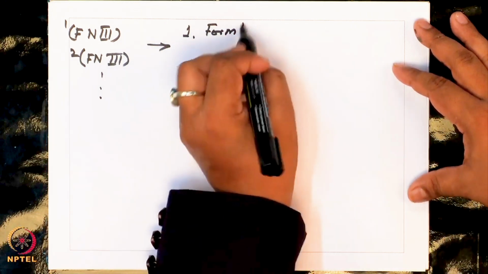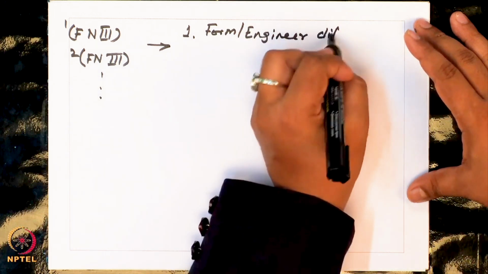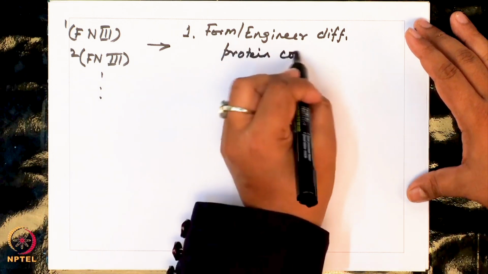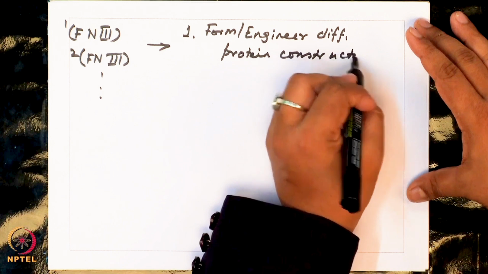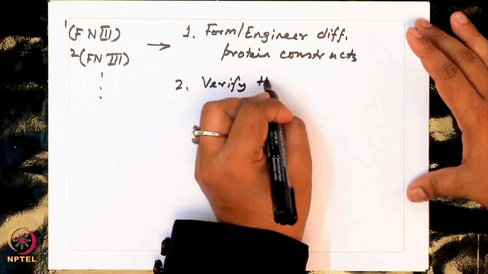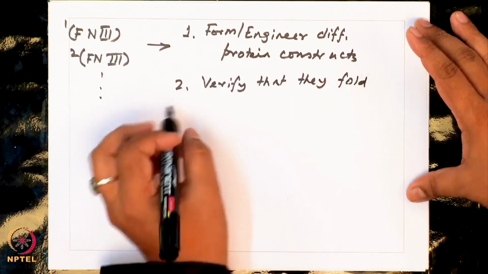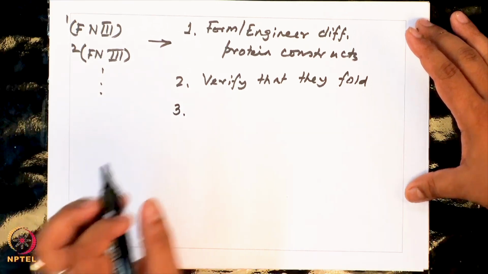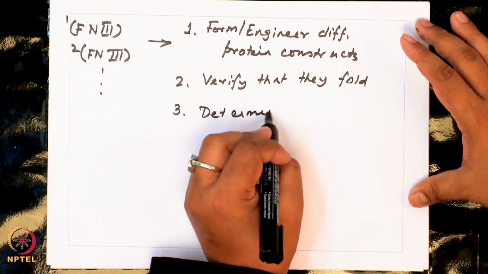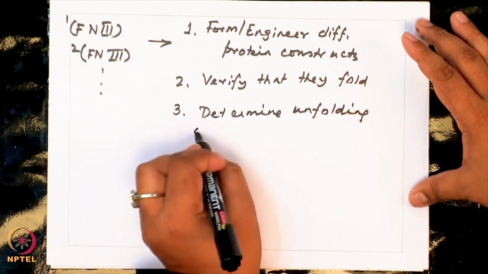So, if I were to again write down the strategy: form or engineer different protein constructs, verify that they fold, three, determine unfolding signature.